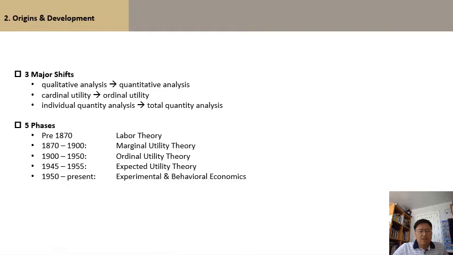The first phase happened before the 1870s. The second happens from the 1870s to 1900. The third happens from 1900 to 1950. It slightly overlaps with the fourth phase, which happens just after the Second World War till 1955. The last phase happened from the 1950s till now.